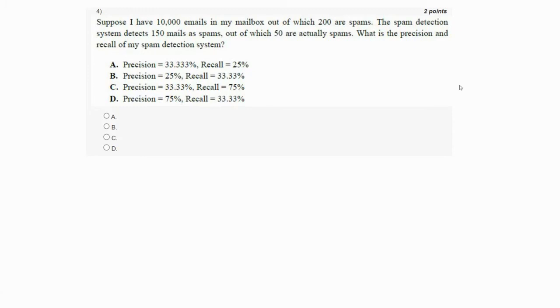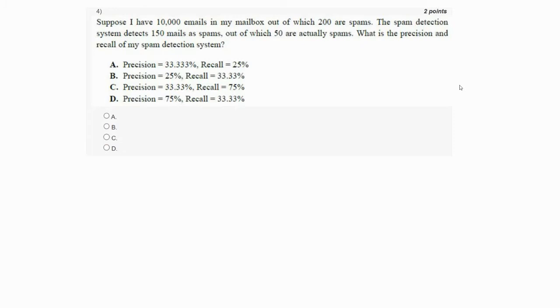Precision 33.33 and recall 25%. And how so? Yes, A option is right. Why? Could you elaborate? Yes, true positive is 50.